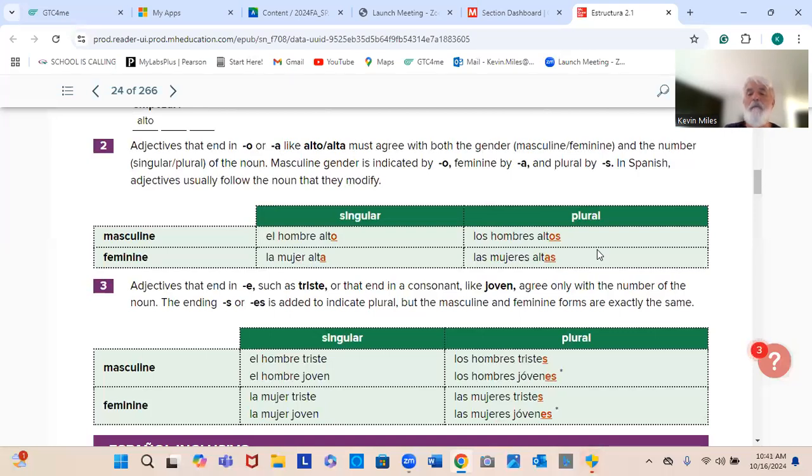And let's say we want to say the old class. It would be la clase vieja. All right. So we have to tweak the adjective according to the gender of the item we're referring to.